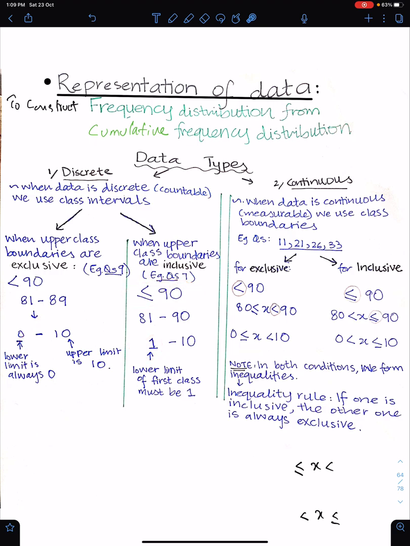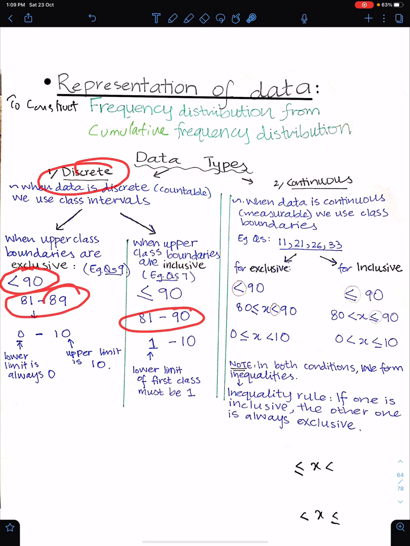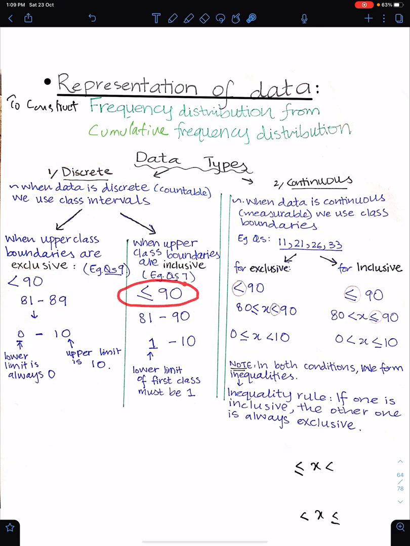So the first thing is, if data is discrete, then always go for class intervals. If upper class boundaries are exclusive, then the lower limit of the first class must be 0. And if the upper class boundaries are inclusive, then the lower limit of the first class must be 1. So this is for discrete data. For continuous data, always go for class boundaries.